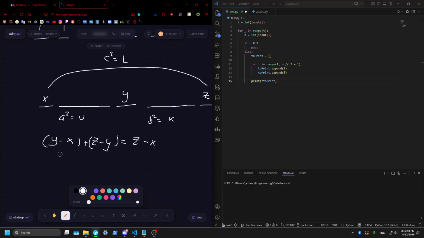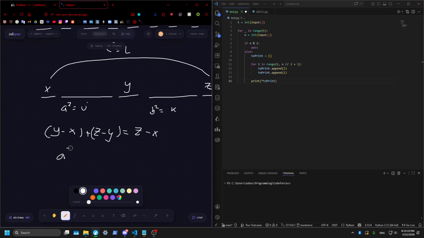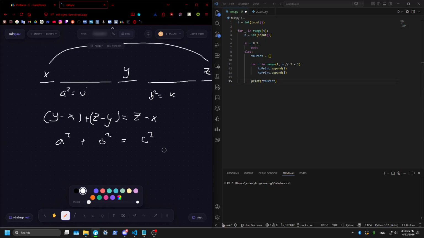If we were to replace these y minus x with j, k, l, we simply replace them with a squared, b squared, c squared. And this turns into a squared plus b squared equals c squared. Whoa, doesn't this look familiar? This is simply just the Pythagorean theorem, right?